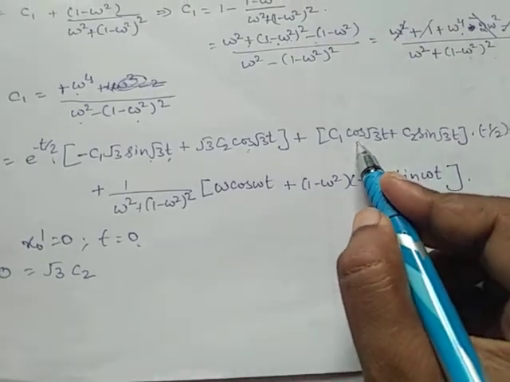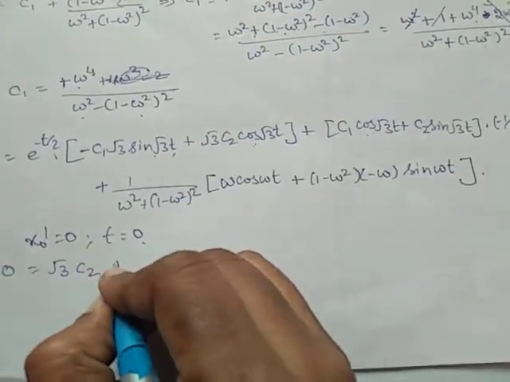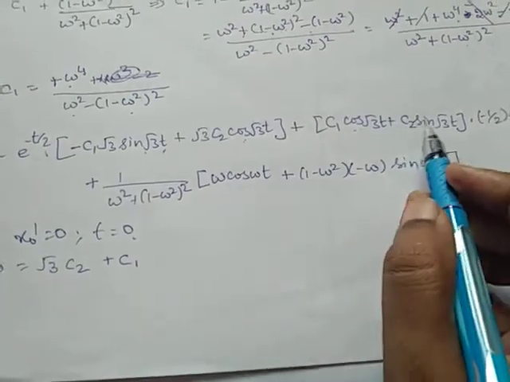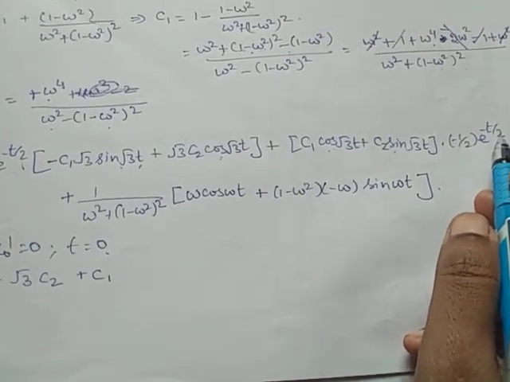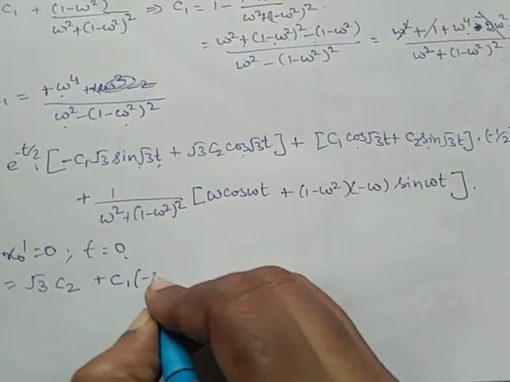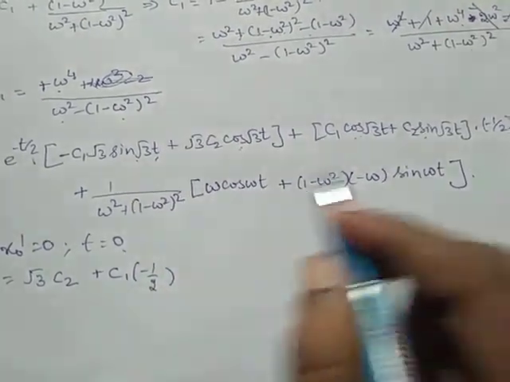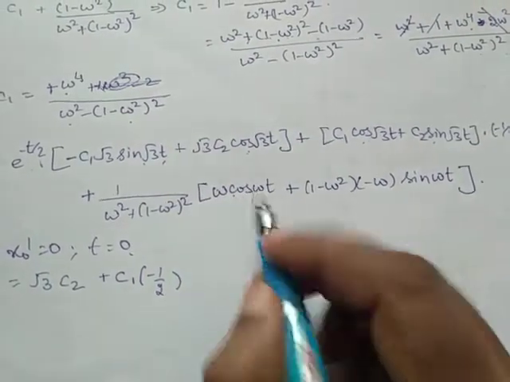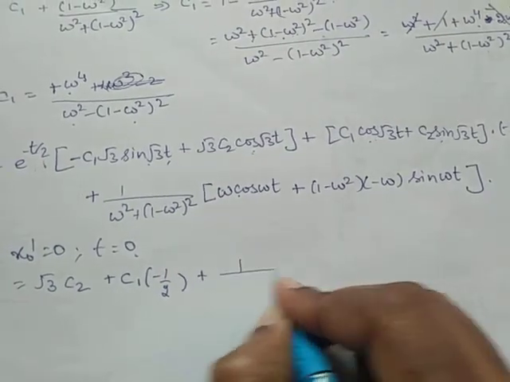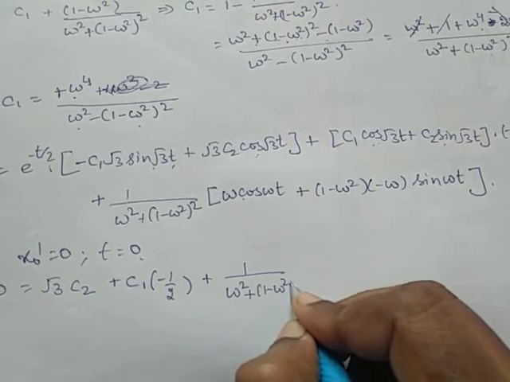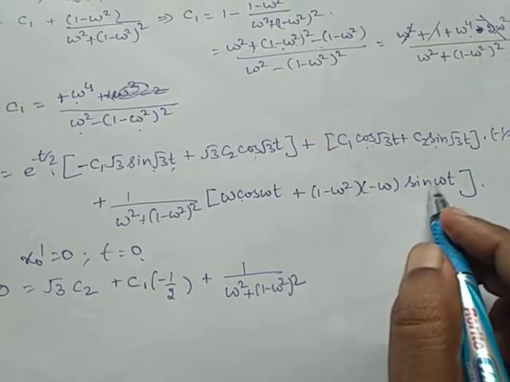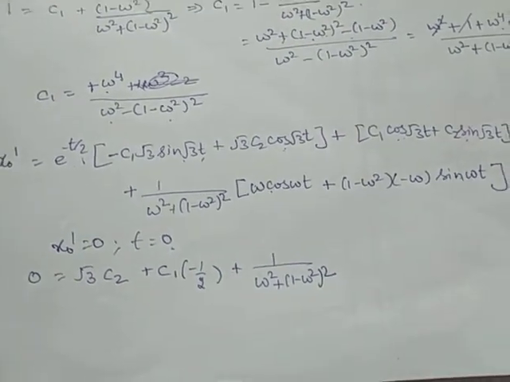Here again cos t is 1, sin t is 0, e power minus t by 2 is 1. Here we are having minus 1 by 2 also. When we come here, we will have cos t, 1 by (omega square plus 1 minus omega square) whole square. This becomes 0. So we have to find C2.